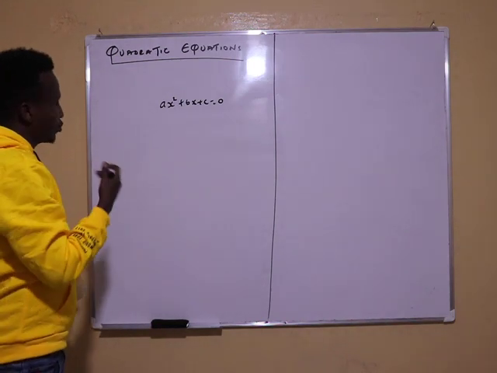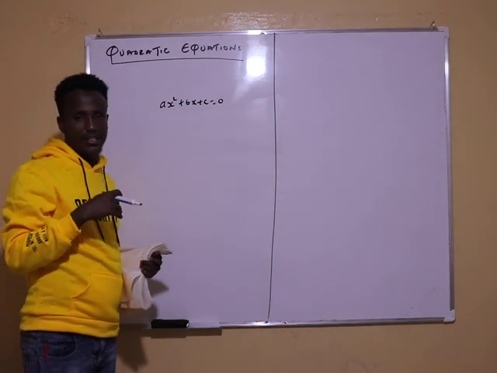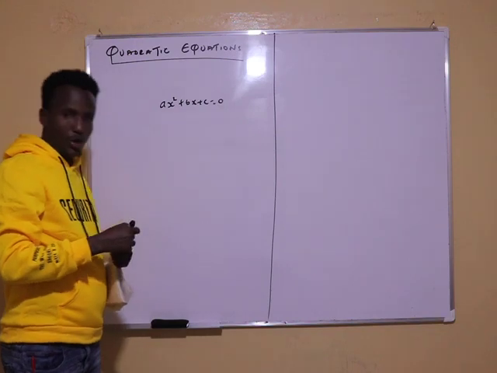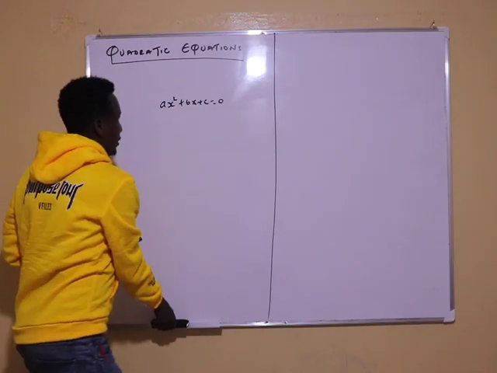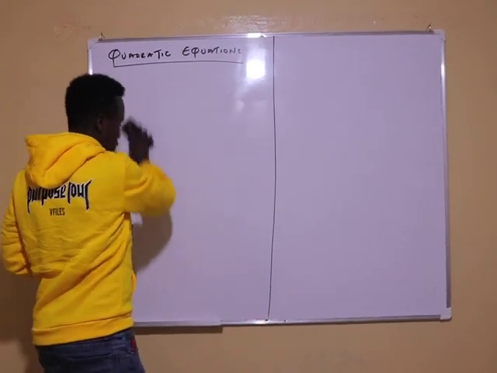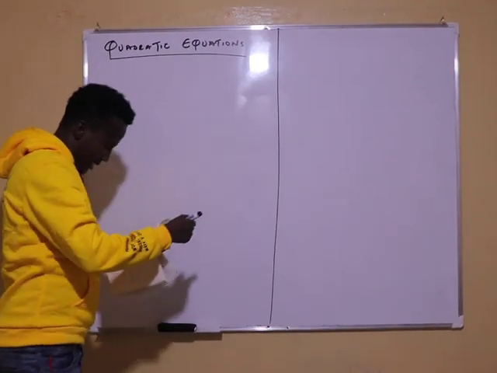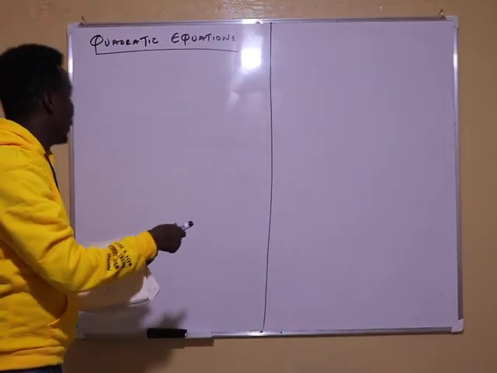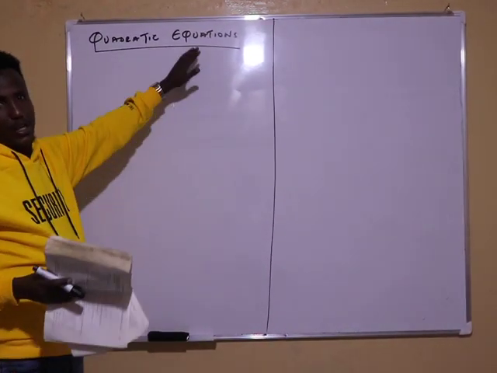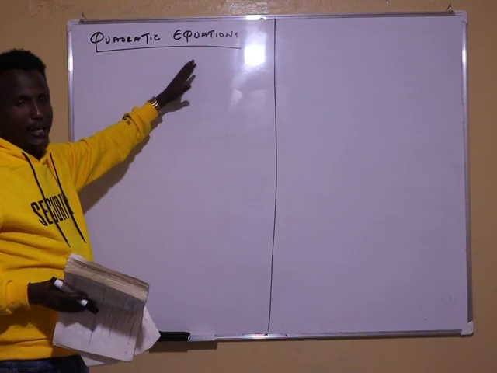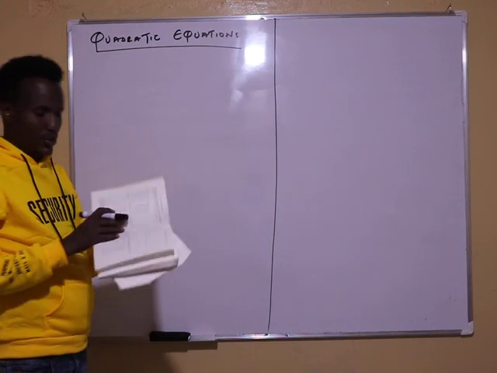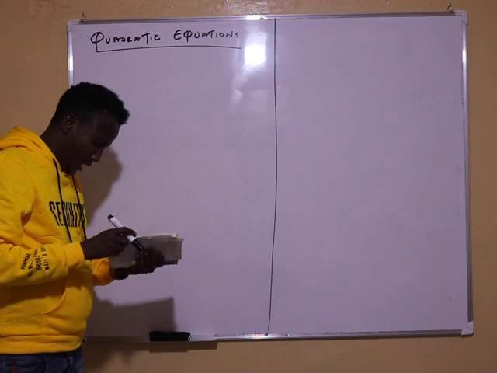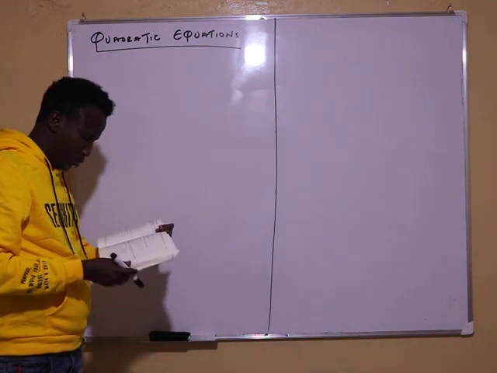So tonight we are going to solve quadratic equations, getting the value of x, maybe two values of x, because this is quadratic. Now let's see examples from this one. But remember, quadratic equation takes the format of ax squared plus bx plus c is equal to 0. Okay, let's go ahead and see some examples.